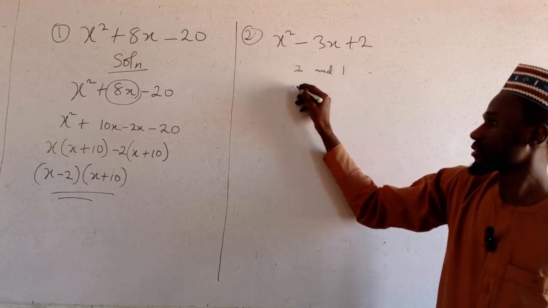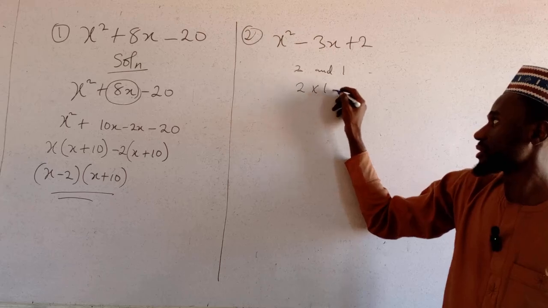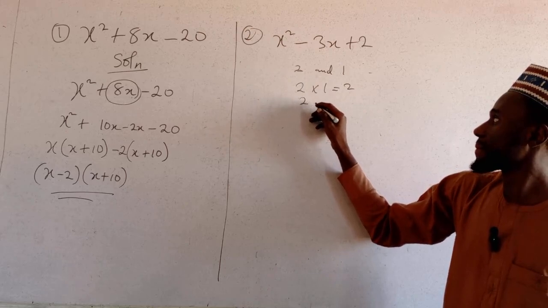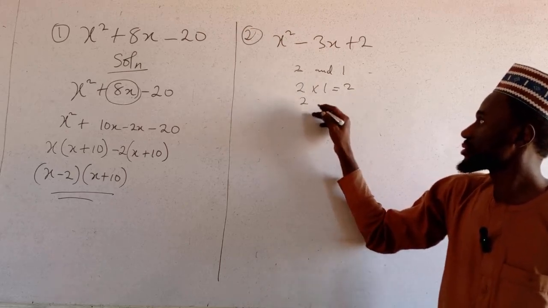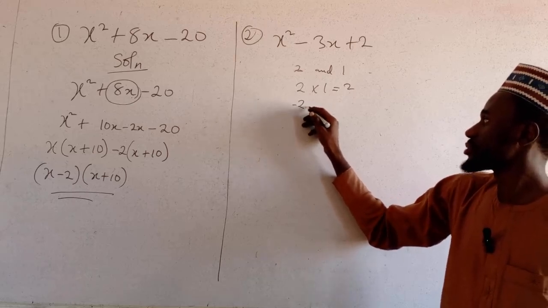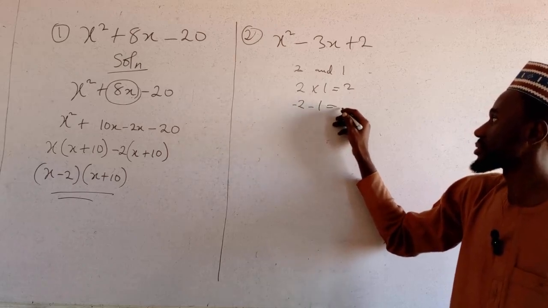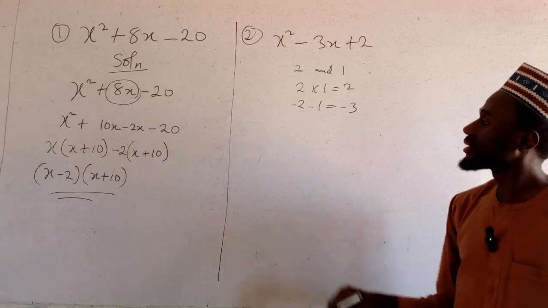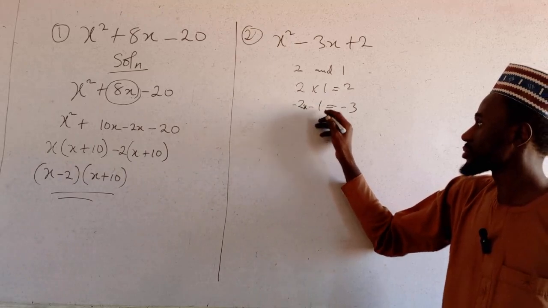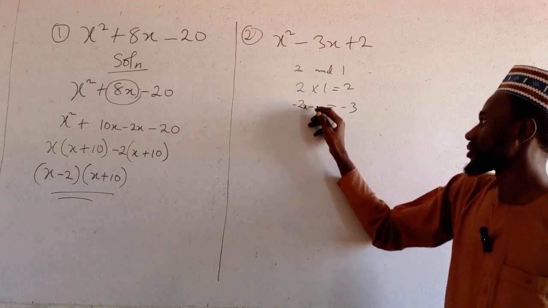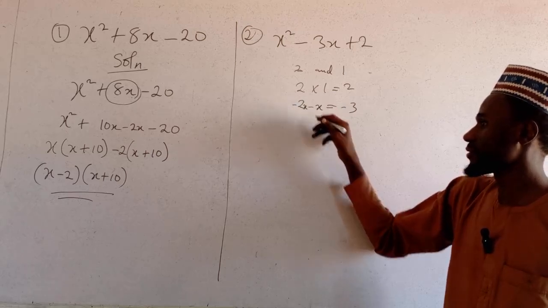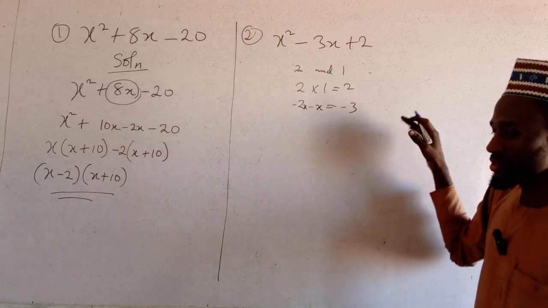Then minus 2 minus 1 is equal to minus 3. Then we can say, let's assume here is minus 2, here is minus x, or 1x.